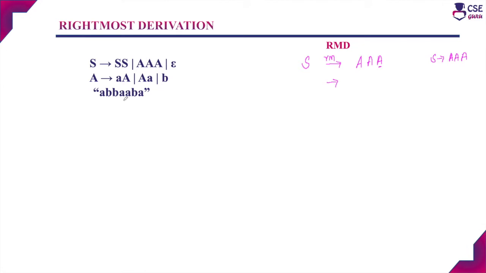We have to check the last part of the string, so A derives a. Next, from the last, if you are checking, a we got. Next we have to get b, so choose the rightmost non-terminal and apply A derives b.